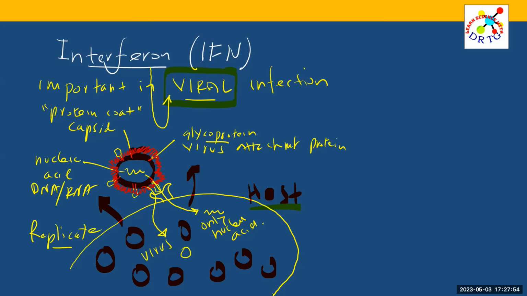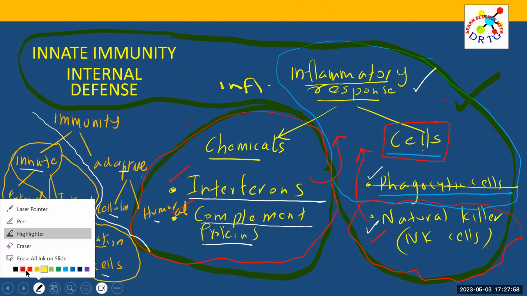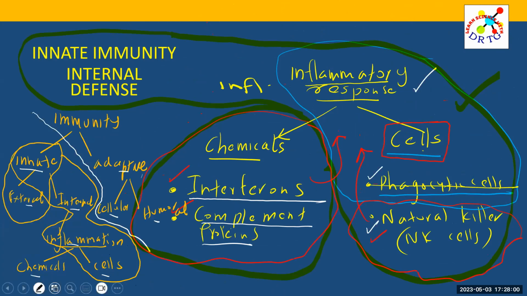So keep in mind very strongly, the phagocytic cells are the main type of cells which kill, I use the word kill, the pathogen. Most of the cells can't kill pathogens, bacteria or virus.